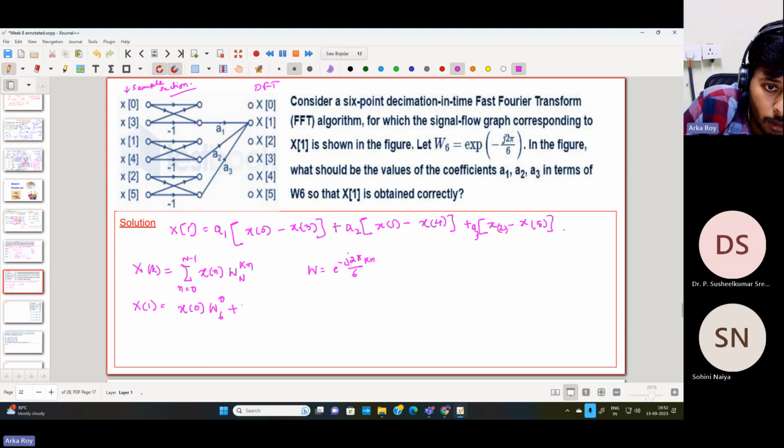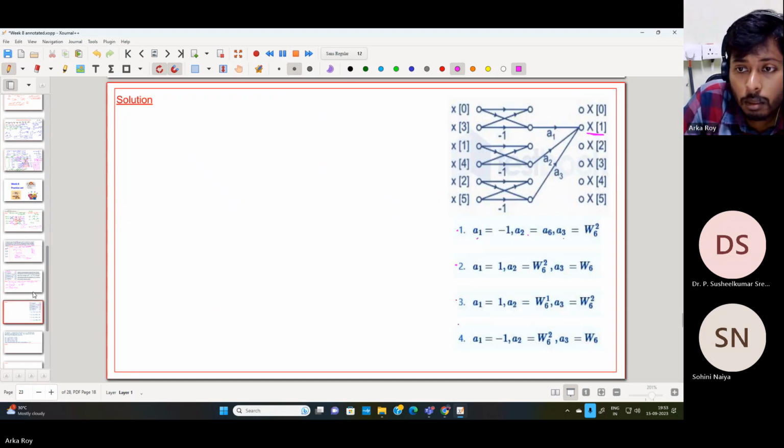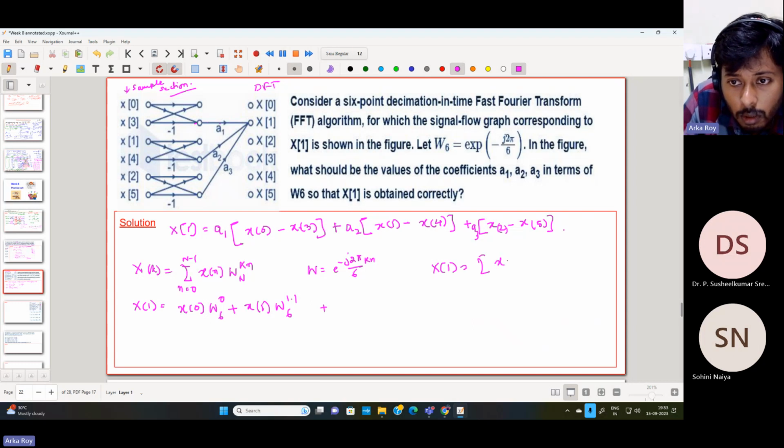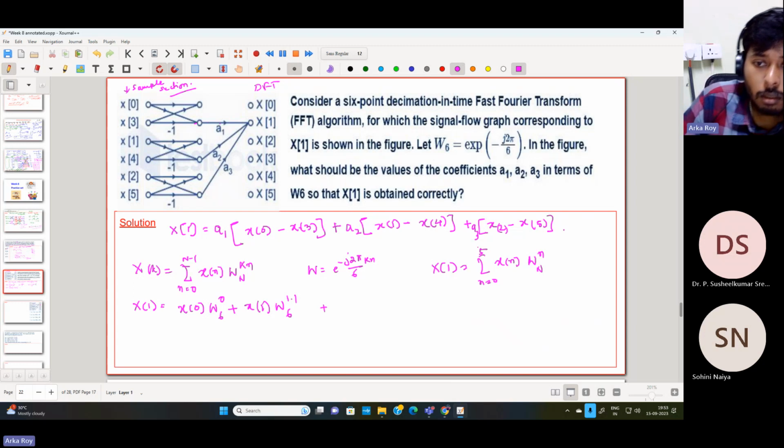Then followed by X1 W6, so it would be 1 multiplied with 1. Let me just write X1 is equal to the summation of Xn W n, n equals 0 to 5 only, and I can even further rewrite it as 6.